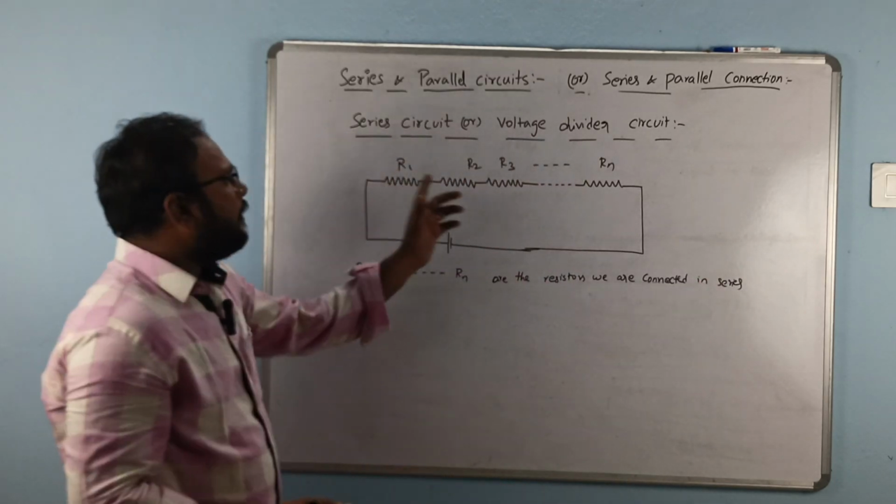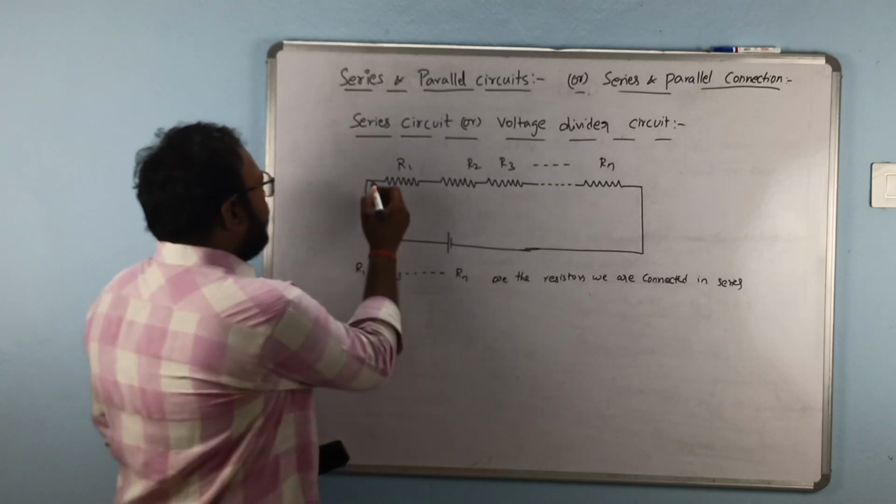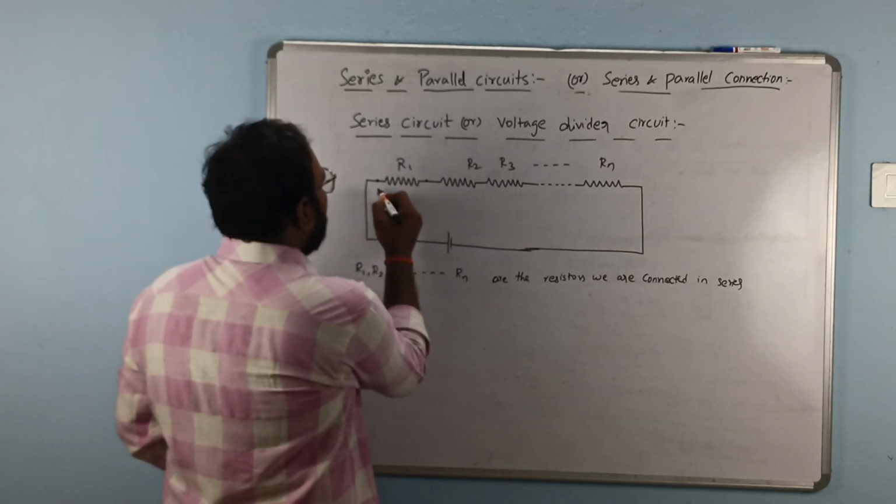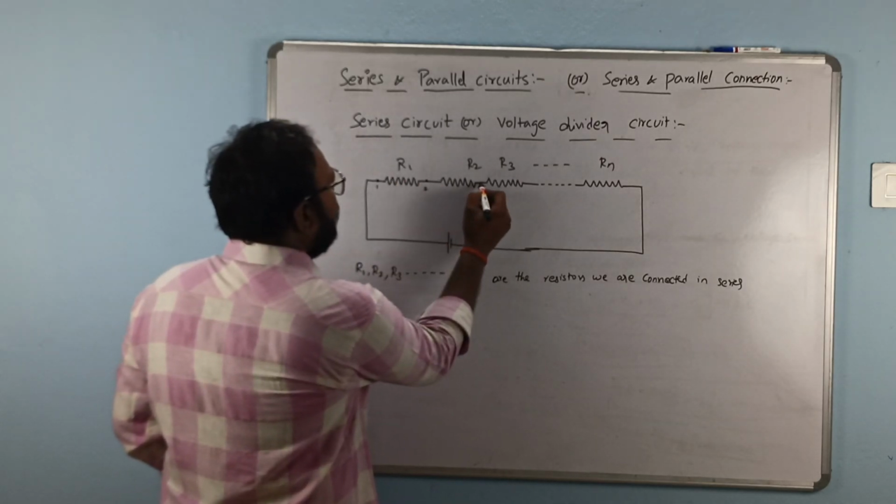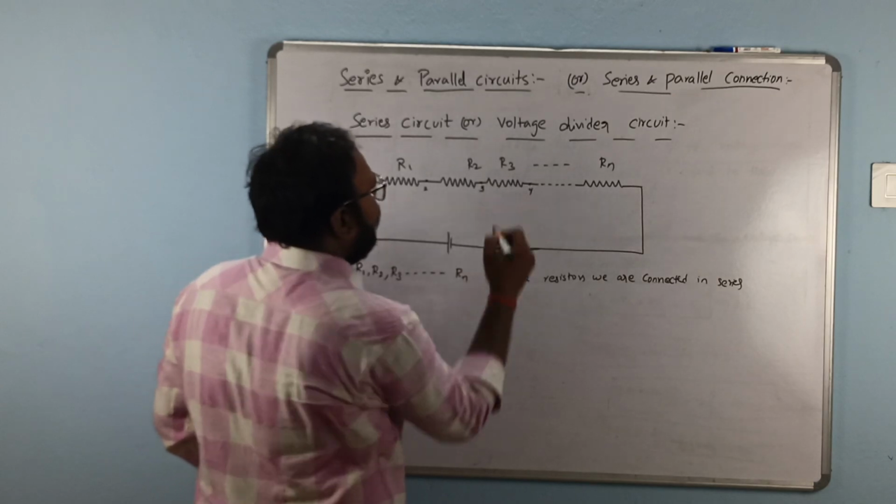This type of connection is known as series. Let us take two terminals on each, numbered 1, 2, 3, 4 like this.